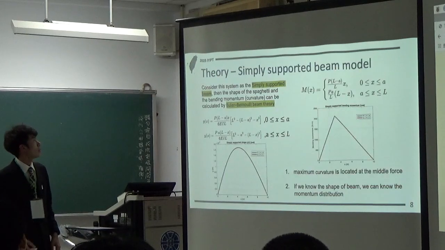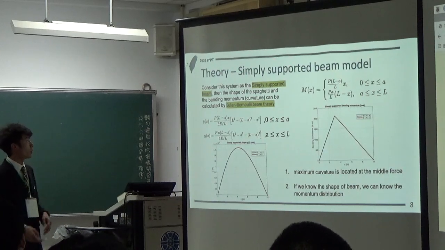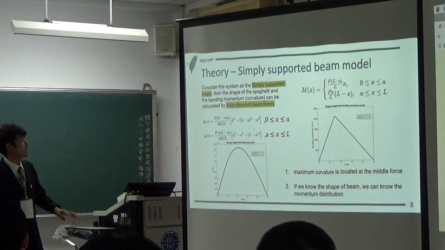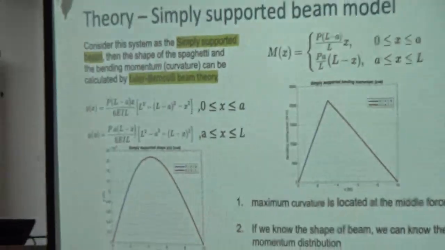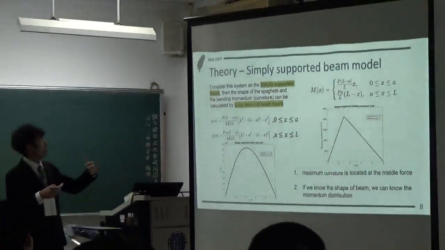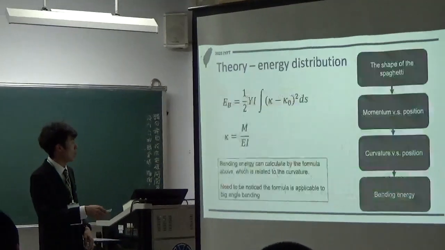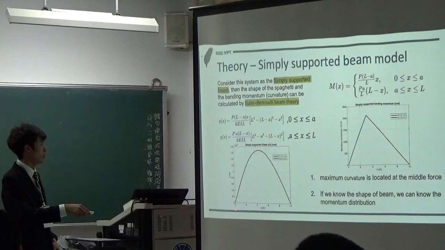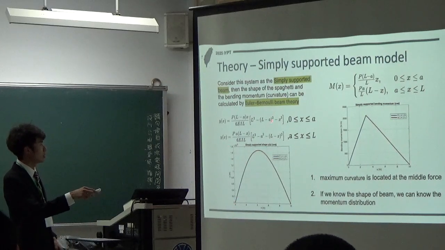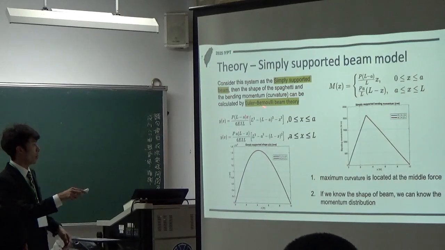First, we need to talk about the simply supported beam model. If we consider the spaghetti as a simply supported beam, then the bending moment can be calculated by Euler-Bernoulli beam theory. This is what the structure is like, and we simulate this formula, and this is the shape of the material.